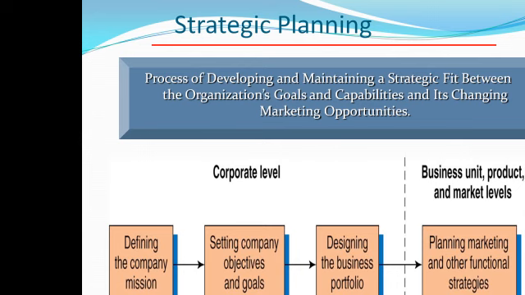They set the company objectives and goals. They design the business portfolios, and eventually when they go to the operational level, they plan the marketing and other functional strategies. This is an eagle eye view of how they plan. The board of directors plan the strategic planning.